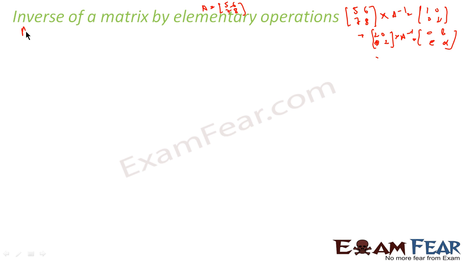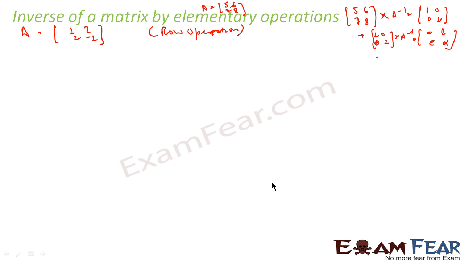So we are told that A is equal to 1 2, 2 minus 1, and we have to find the inverse of this. We can do it using both row operation and column operation. Let's solve this using row operation only. In the next slide, I'll solve the same question using column operation.